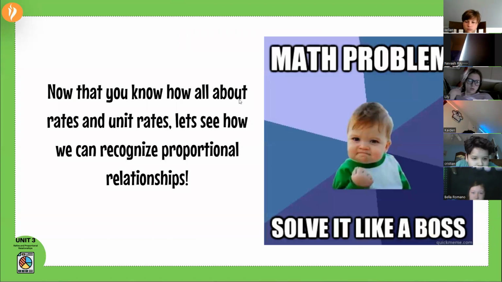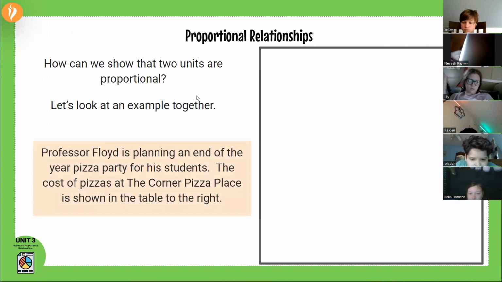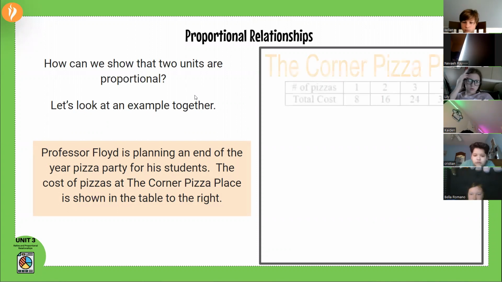All right, guys, now that you know all about rates and unit rates, let's see how we can recognize proportional relationships. So how can we show that two units are proportional? Let's look at some examples together. Professor Floyd is planning an end of the year pizza party for his students. The cost of pizzas at the corner pizza place is shown in the table on the right.